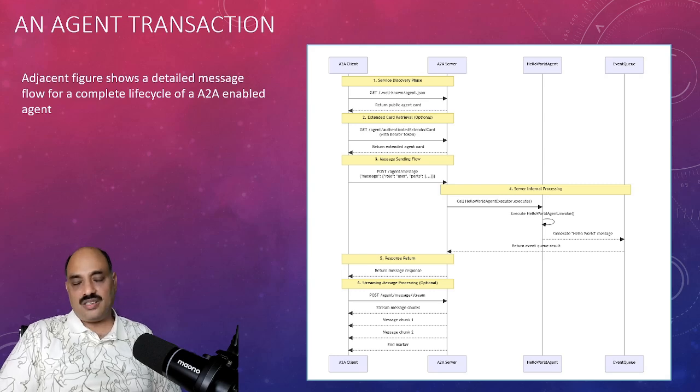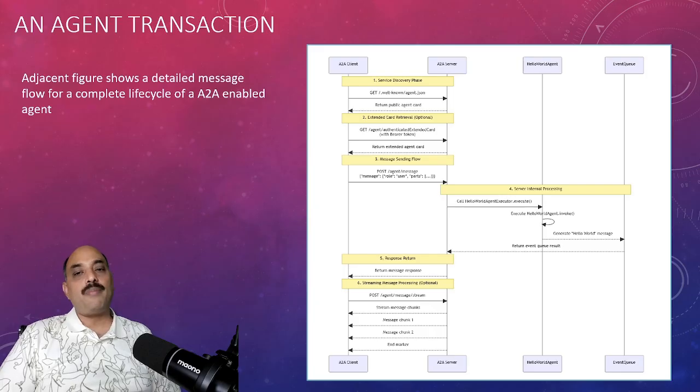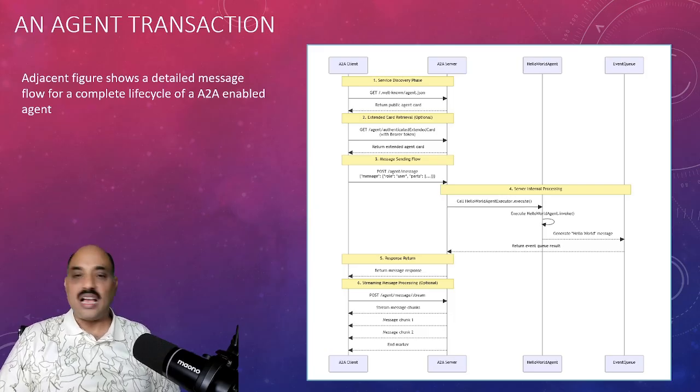Now, regarding transparency and observability, the agent may or may not be observable. But if your agent is not observable, it should be responsible enough to tell you the task ID and the state of each task that it has accepted.